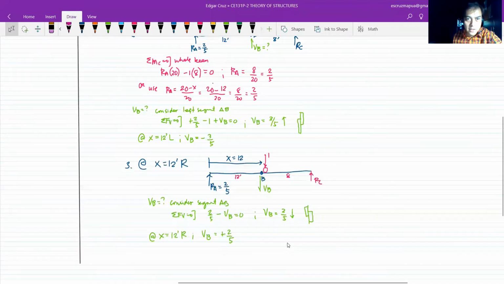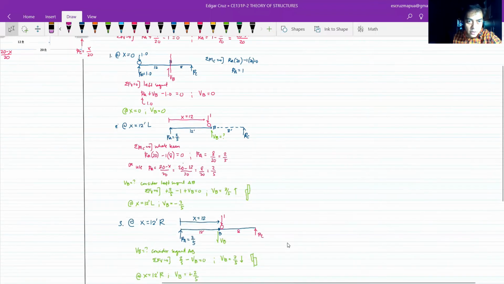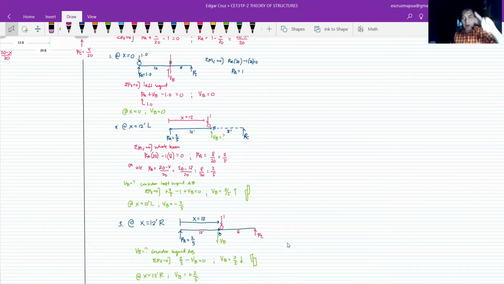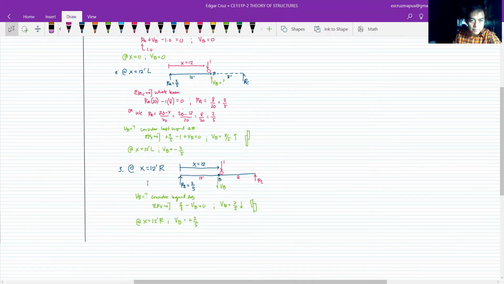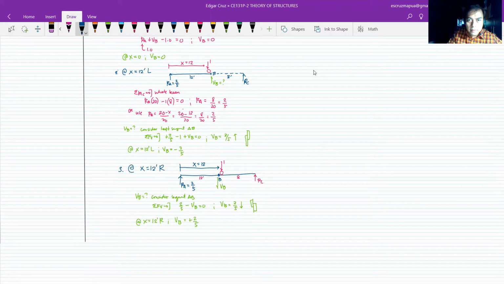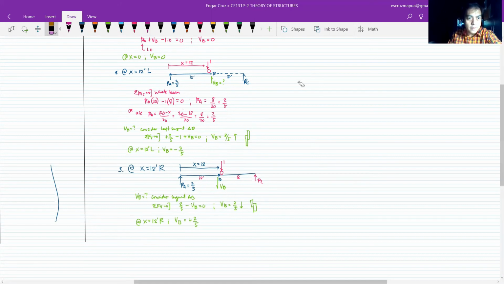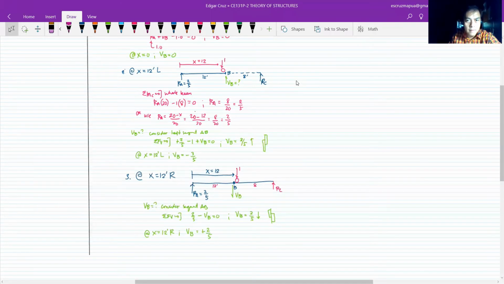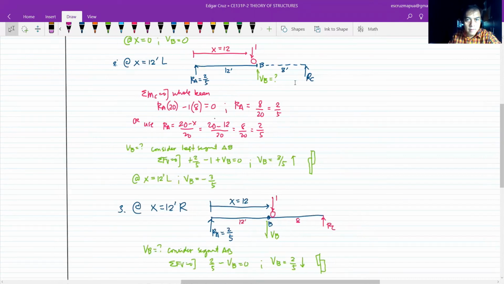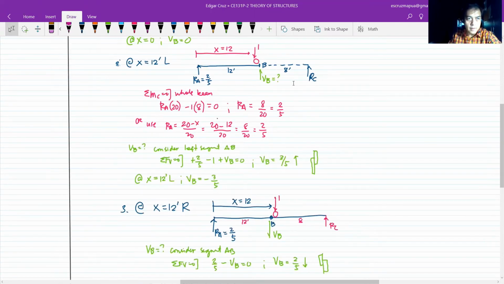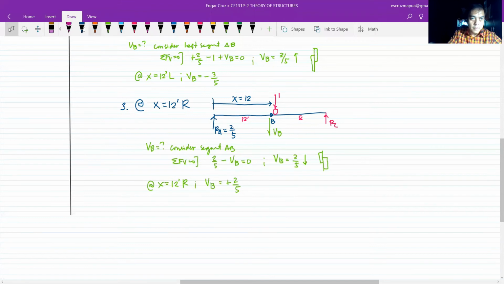Okay, so let us consider another point. Okay, so x equals 0, x equals 12 left, x equals 12 right. Tapos let's have, yung sa dulo naman, let's have x equals, so point 4.